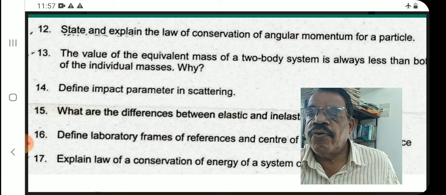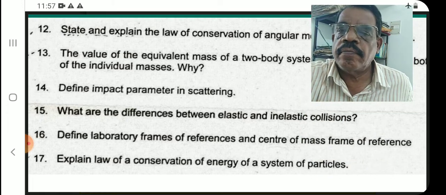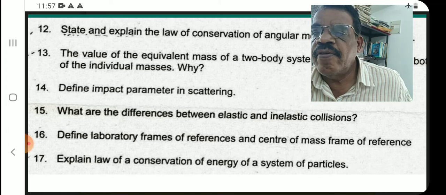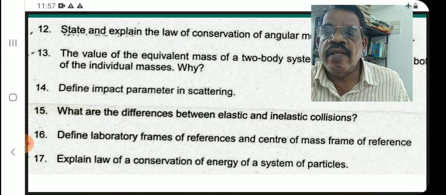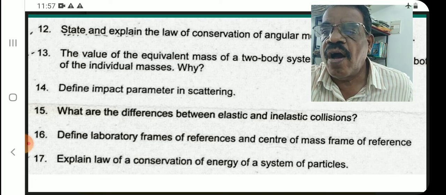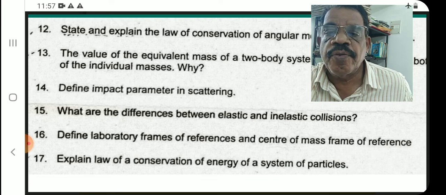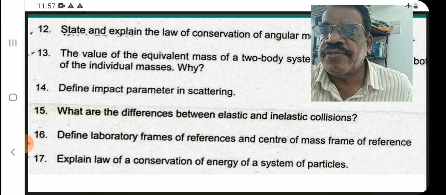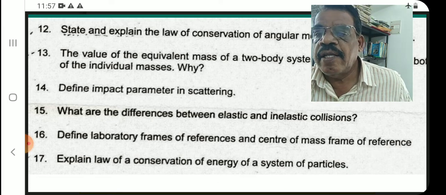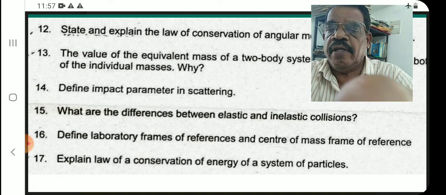Number 14, define impact parameter in scattering. Number 15, what are the differences between elastic and inelastic collisions? Number 16, define laboratory frame of reference and center of mass frame of reference. Number 17, explain law of conservation of energy of a system of particles.